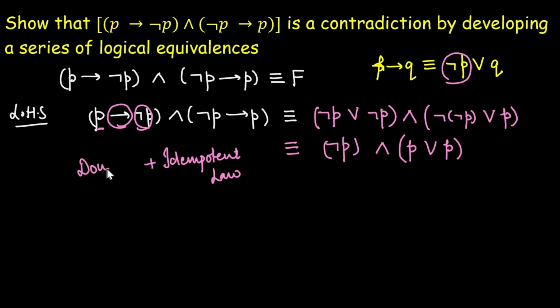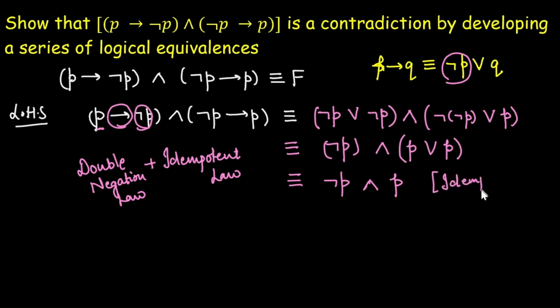So we have used here two laws. One is idempotent and second is the double negation law. This is logically equivalent to negation P, and P or P is again P. So again we have used the idempotent law.